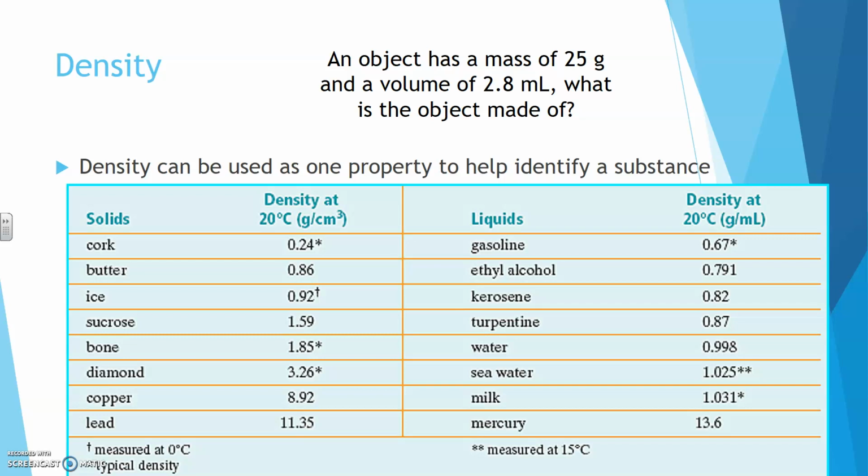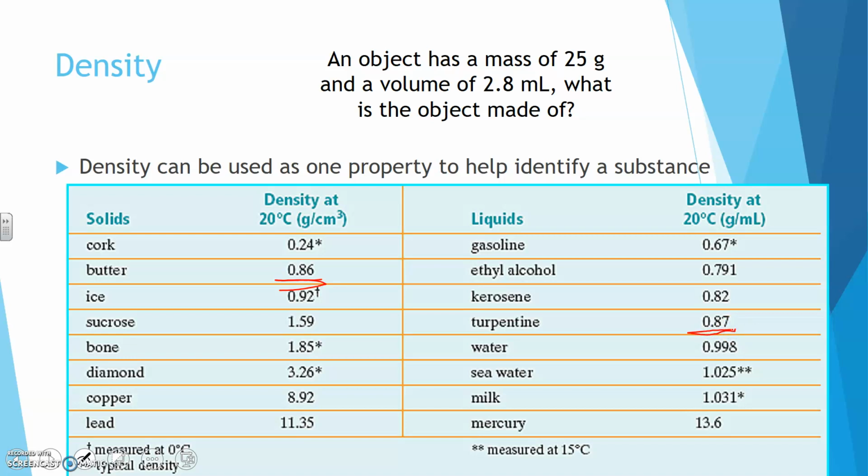Because if you look here, we've got butter. Let me get my pen, that might help. Here we go. So here we've got butter, which has a 0.86 grams per centimeter cubed density. And over here we've got turpentine, which has 0.87.